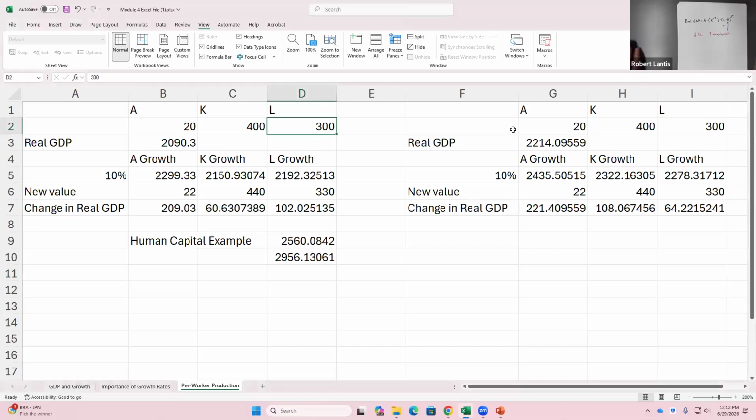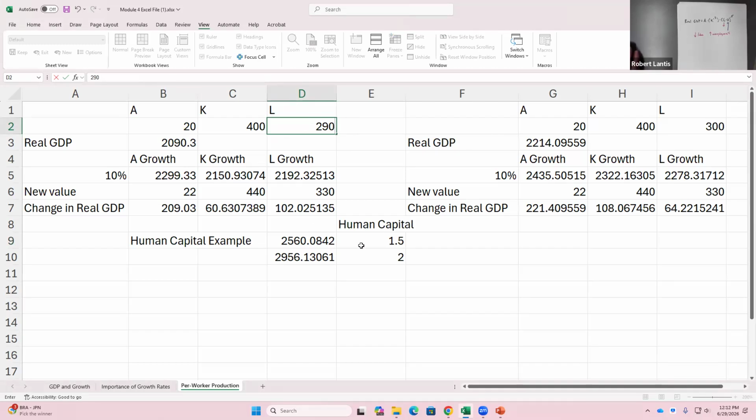And I could play around with this. So let's say we had this same example. Remember, this represented human capital increasing. So let's say before I had this real GDP value of 2090, could I still see that even if I have less labor, so let's say we do like 290 here, would this change, right?